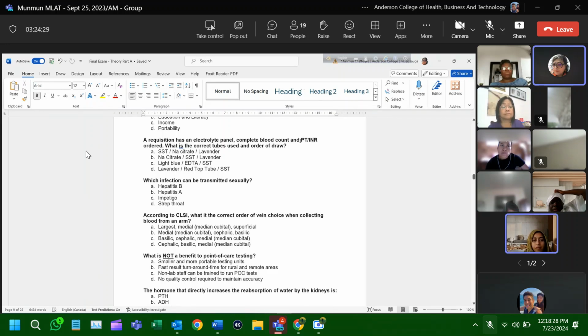And then PT/INR, which tube are you going to collect? I think it's lavender too. Try. SST. No. PT/INR is all coagulation related.